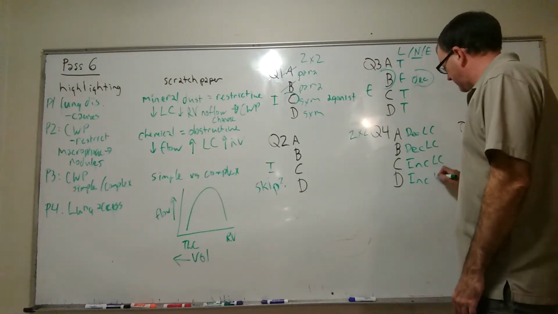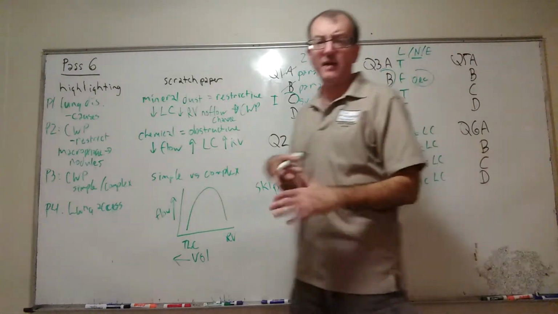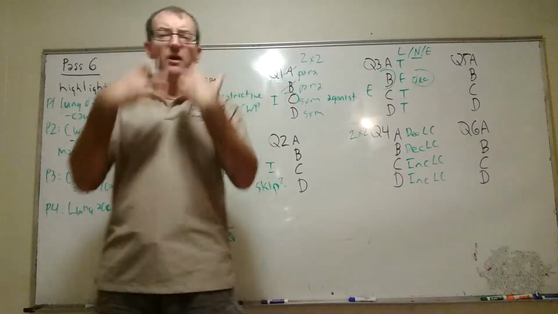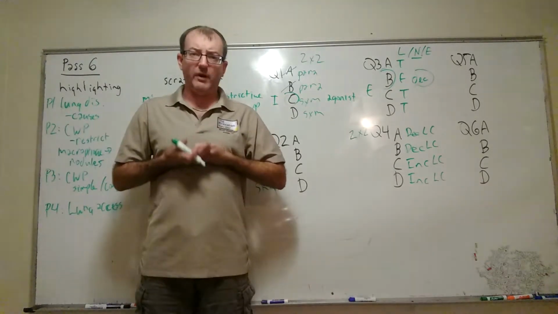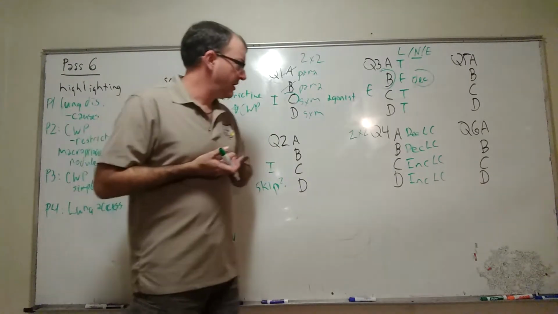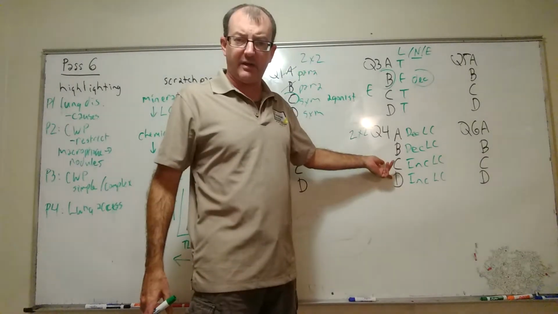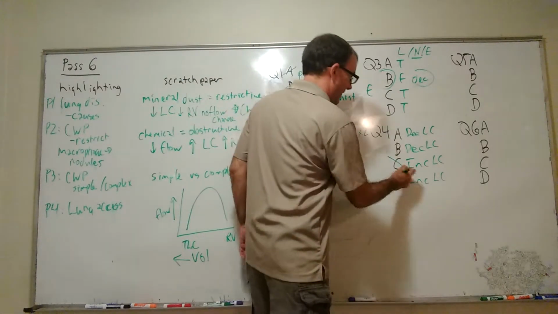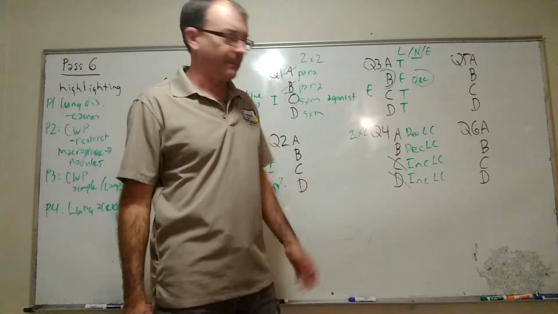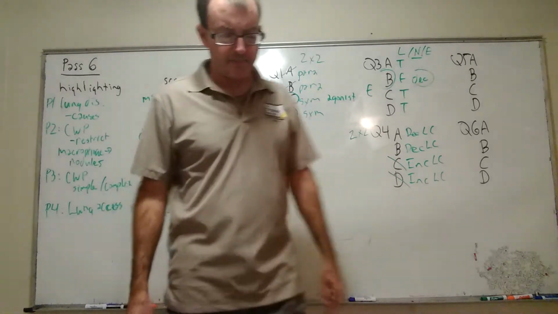Now, if you think about it, our diaphragm is paralyzed, it's not moving, so am I bringing air in, or is air just, boom, where it's stuck at, right? So we're not increasing the capacity here, we're going to have a decrease in capacity, C and D are out. So we've got A and B, a decreased lung capacity.